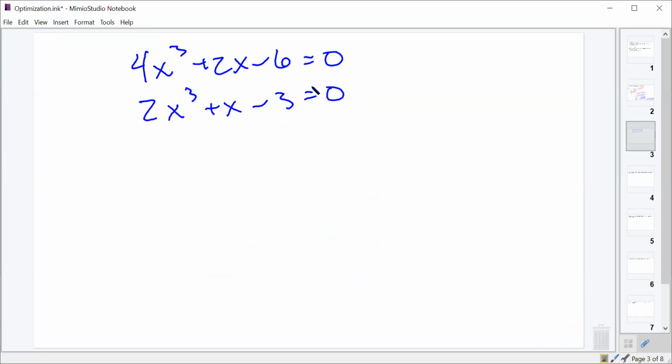What are the possible rational roots of this function? Plus or minus 1 and plus or minus 3 divided by plus or minus 1 and plus or minus 2. The factors of 3 divided by the factors of 2. And what do you guys want to try? Try 1, -1, 1/2, -1/2, 3, -3, 3/2, or -3/2.